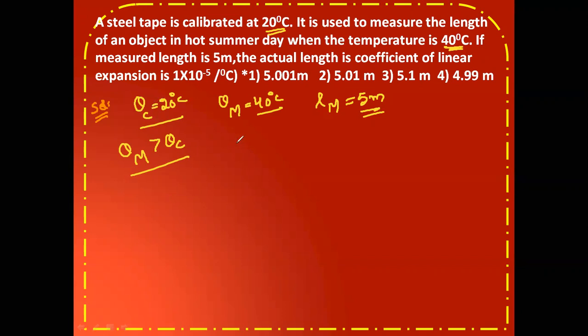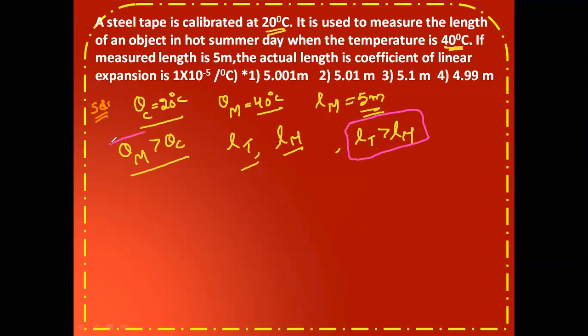If L suffix T is the true value and L suffix M is the measured value, out of this LT and LM, which should be greater? Obviously, you know that LT should be greater than LM. This is the information you know.